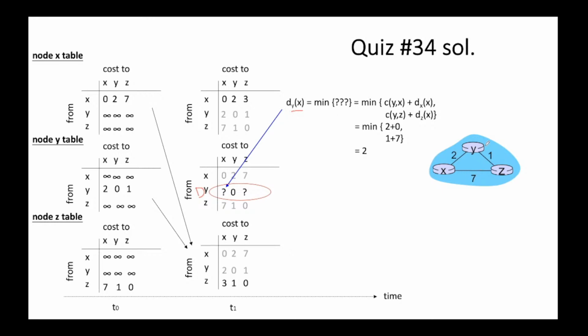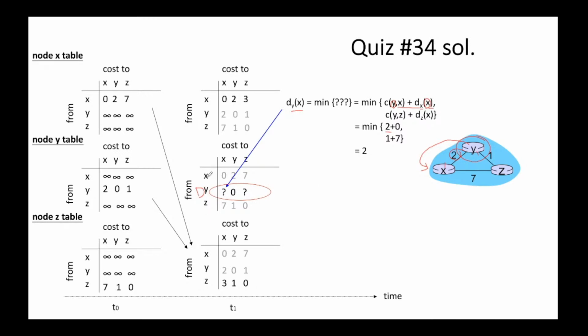This time Y is the source and the destination is X. Again, we need to try through all the neighbors of Y. So let's start from X. So X in the middle, source being Y, destination being X. So we go through link YX, which is 2 here, and then find out the shortest distance from neighbor X to the destination X. So neighbor and destination happen to be the same node.